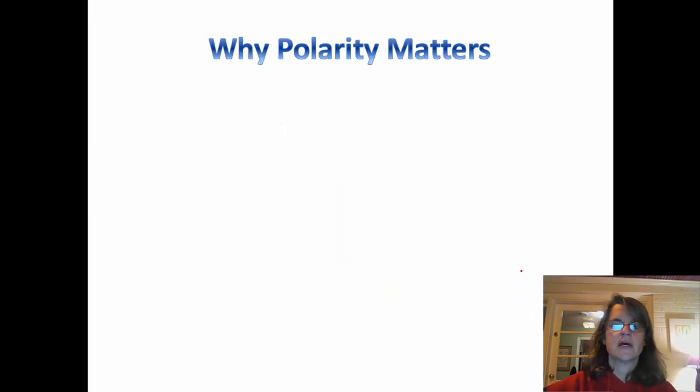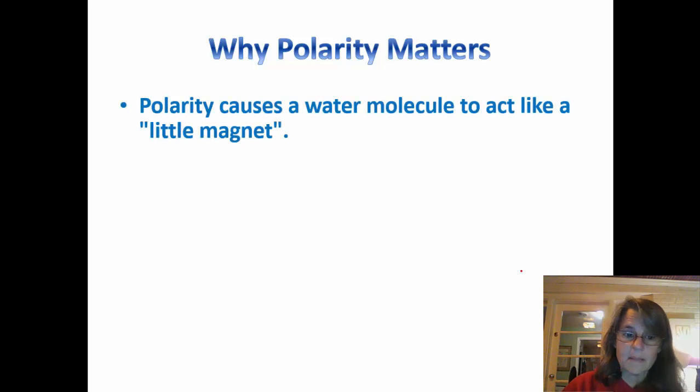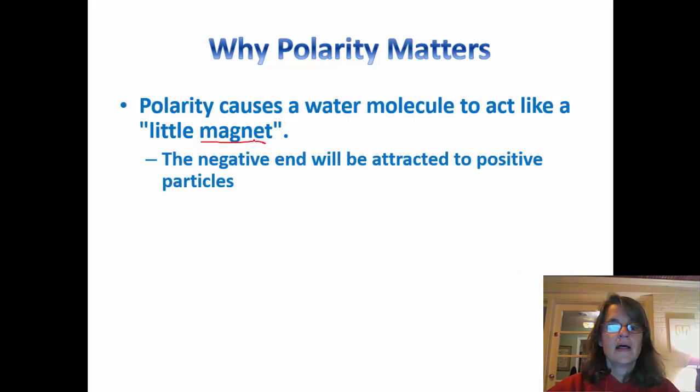So that's just another picture showing a weak negative charge at the oxygen end and weak positive charges at the hydrogen end. Now, why does polarity matter then? That's what really is going to give water all of its unique properties that make life on Earth possible. What is it about polarity? As I've already said, polarity causes a water molecule to act like a little magnet. The negative end, that oxygen end, is going to be attracted to positive things.